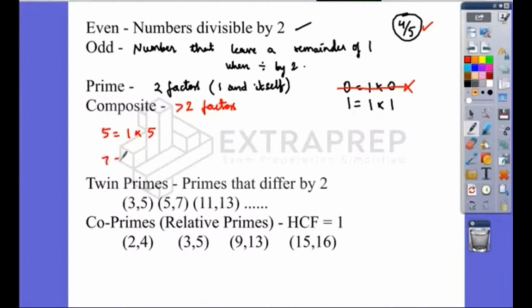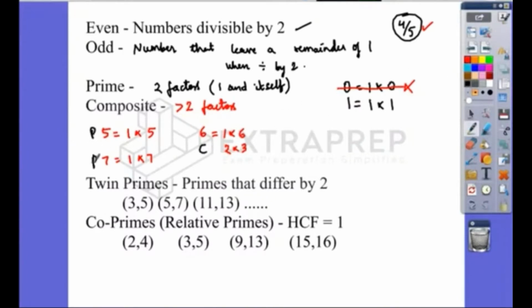Similarly for 7. 7 can be written as 1 into 7. So there are only two factors because there is no other way to write 7. If you take 6, 6 can be written as 1 into 6 and 2 into 3. So how many factors are there? That's 1, 2, 3, 4. There are 4 factors. So if you have more than 2 factors, it's a composite number. So 6 is a composite number.